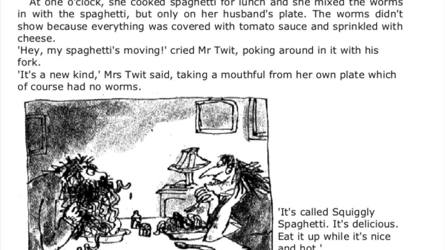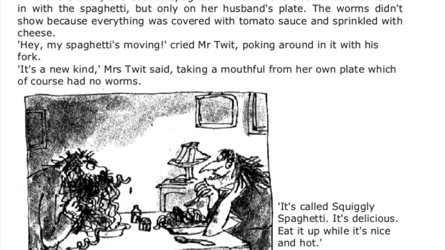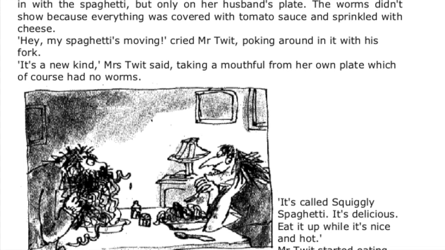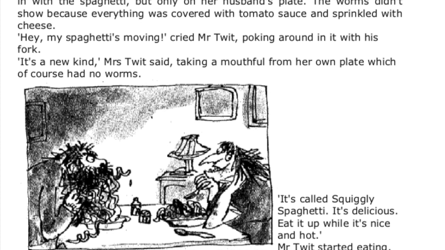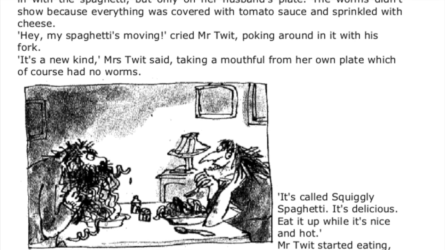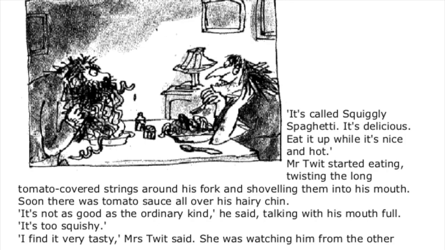"Hey, my spaghetti's moving," cried Mr. Twit, poking around in it with his fork. "It's a new kind," Mrs. Twit said, taking a mouthful from her own plate, which of course had no worms. "It's called squiggly spaghetti.